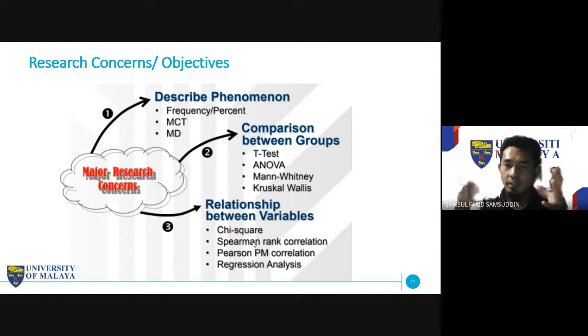And all these problem statements and research questions will go back to previous studies' findings. If there is support from previous studies, then it is easier for you to conduct the current study. If there is no support, maybe it is difficult for you to continue doing the specific study, because this will invite more questions during your viva.